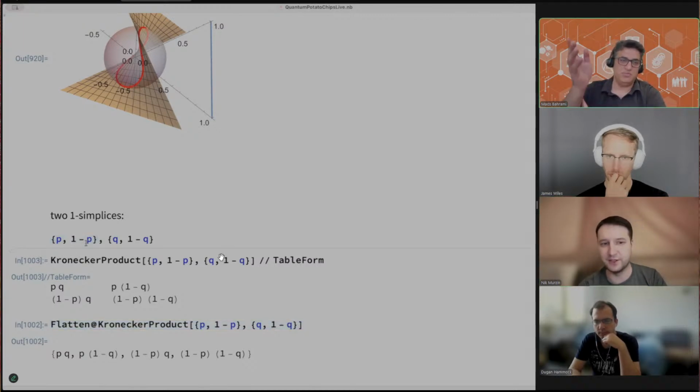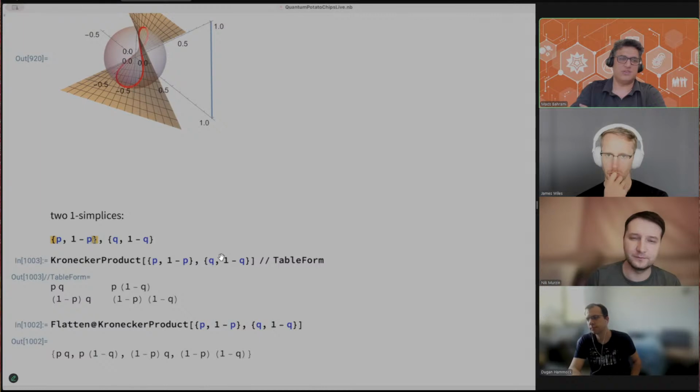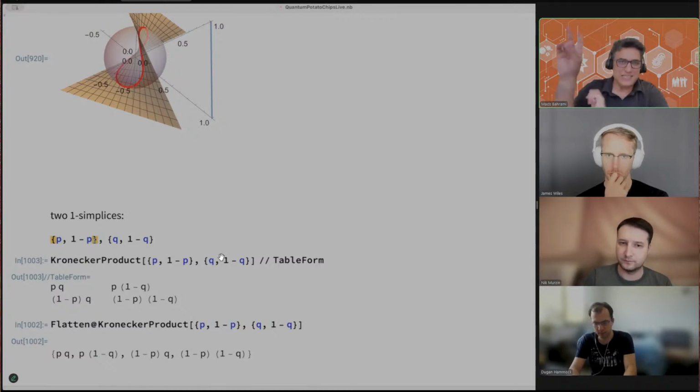Keep that in mind: the last result that you see here, the vectorized state vector, lives in a very generic simplex in 4 dimensions. That's your full description.